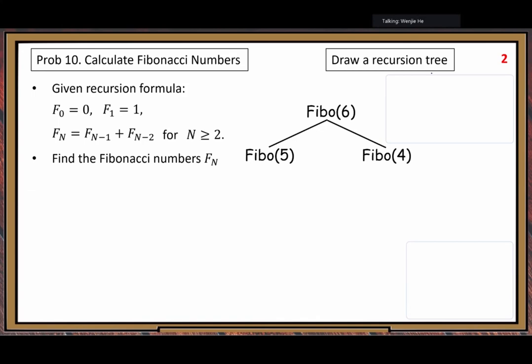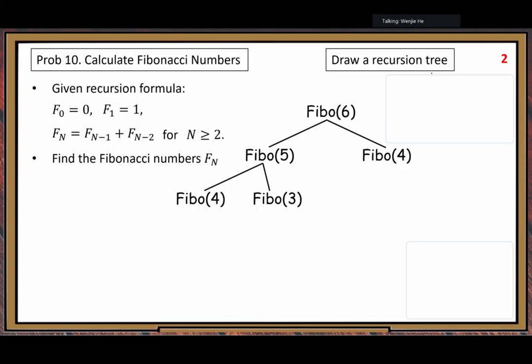So we need to push these two numbers into a stack, as I explained when discussing how to implement recursion. In order to calculate Fibonacci of 5, we need Fibonacci of 4 and 3. They are unknown, so we push them to the stack.